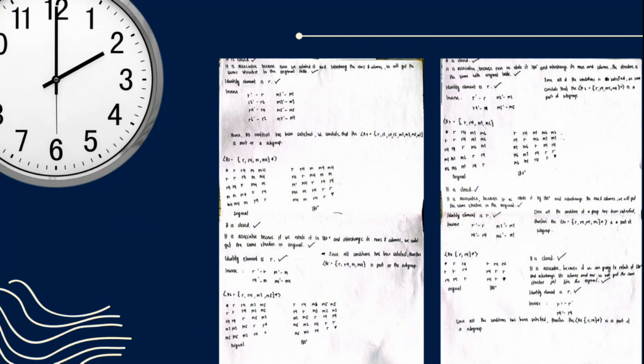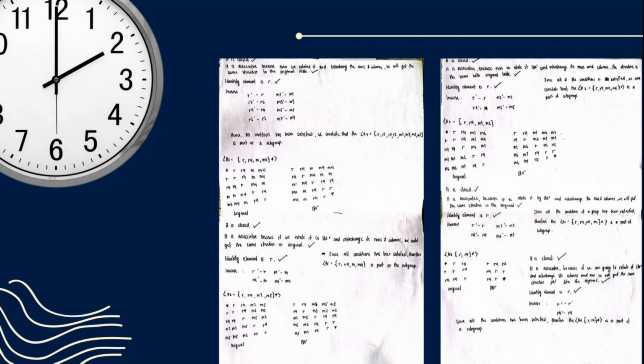It has the identity element R. The inverse of R is R, the inverse of R2 is R6, the inverse of R4 is R4, and the inverse of R6 is R2. For the reflection movements, their inverses are themselves. Hence, all the conditions have been satisfied, and we conclude that A4 is a subgroup.